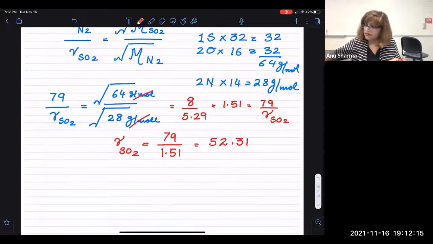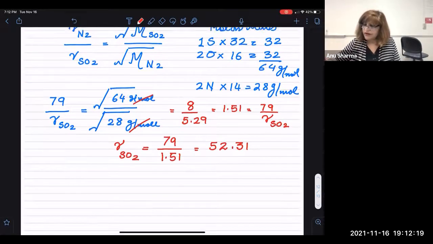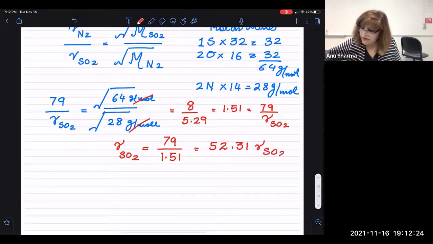So that's the rate. The book is giving you 52, which is the closest. So that's the rate of sulfur dioxide.